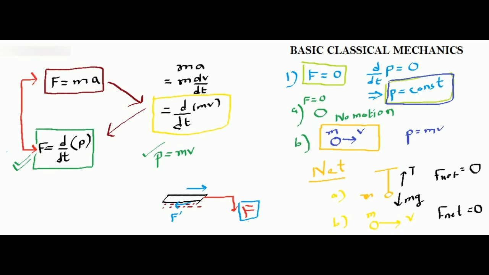And when this F is equal to F dash, it means the net force on the glass slab is 0, and in this special case the glass slab is seen to move at a constant velocity v. Quite amazing, right? So when I say an object is moving at a constant velocity, it can either mean there is no force, or it can mean that the net force is 0.